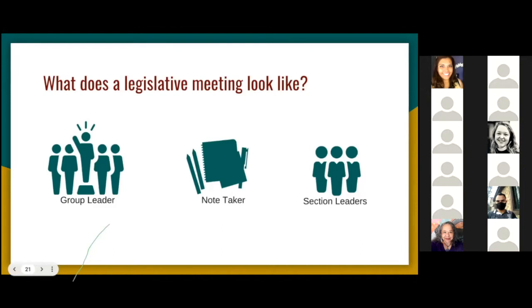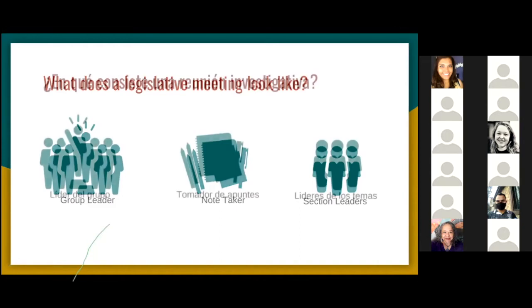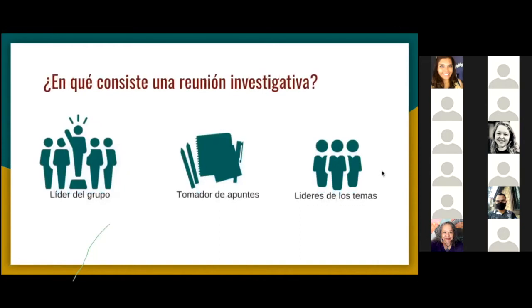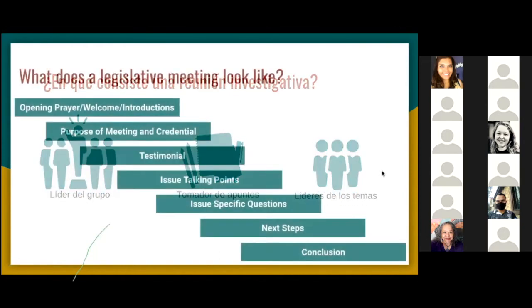And then also, this is a research meeting, so we need to ask some questions. What are the questions specific to the issue that you're trying to learn more about that you'd like to ask the legislator? Okay, and so Brittany, could you walk us through what a sample research meeting could look like?